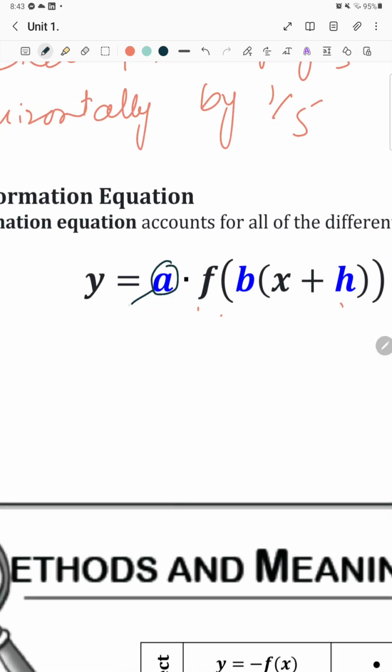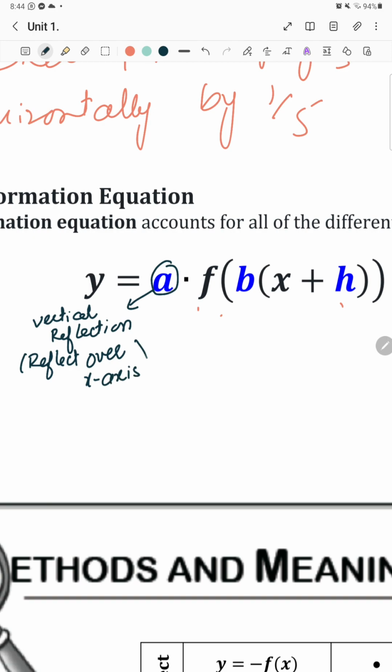A means vertical reflection, reflect over the x-axis, and when we reflect over the x-axis, we affect y values.